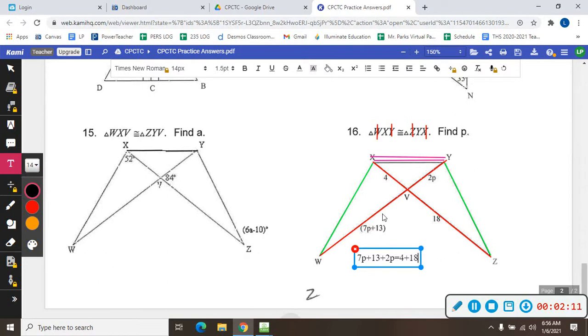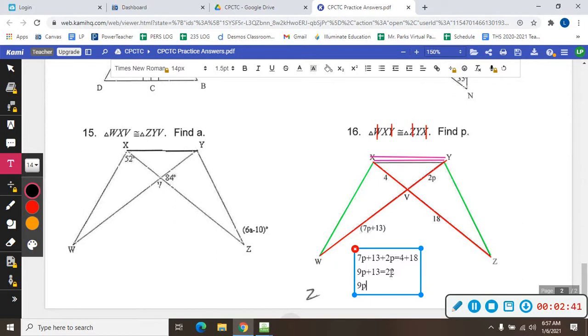So this red part, WY, is congruent to ZX, and by knowing that, I can set up my equation that 7p plus 13 plus 2p is 4 plus 18. From there, I just solved that. Actually, that'd be 9p plus 13. 7p plus 2p is 9p. And then on the right, 4 plus 18 is 22.